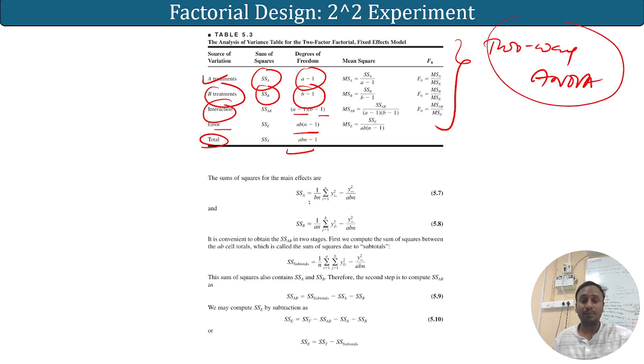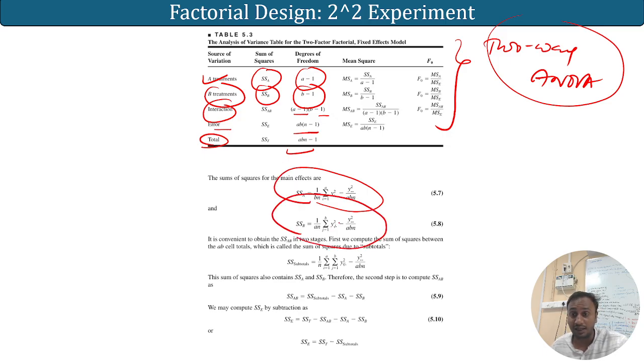So it's nothing, it's a two-way ANOVA only. And in a similar way we have calculated SSA and SSB, is it? I told you how to calculate the SSA and SSB. For SSA, it's 1 by Bn summation of the total in the case of A; the SSB will be 1 by An, summation of that B factor.